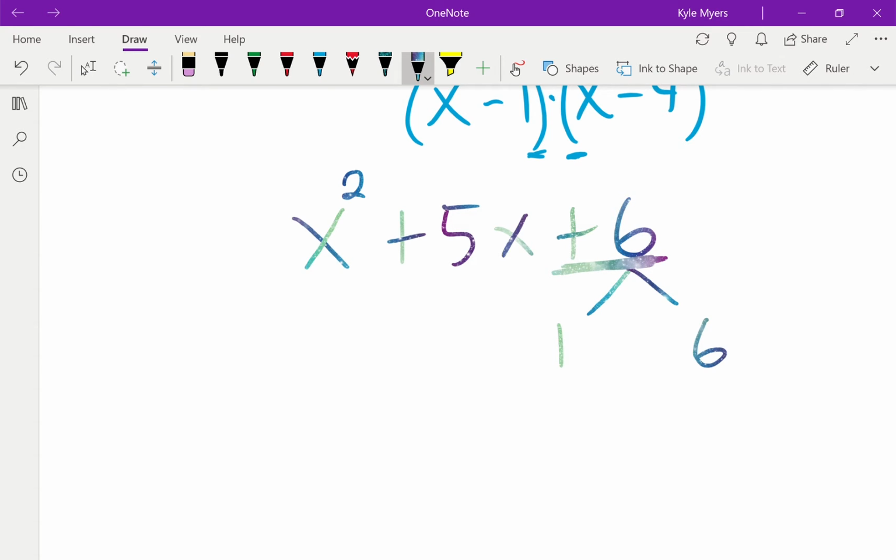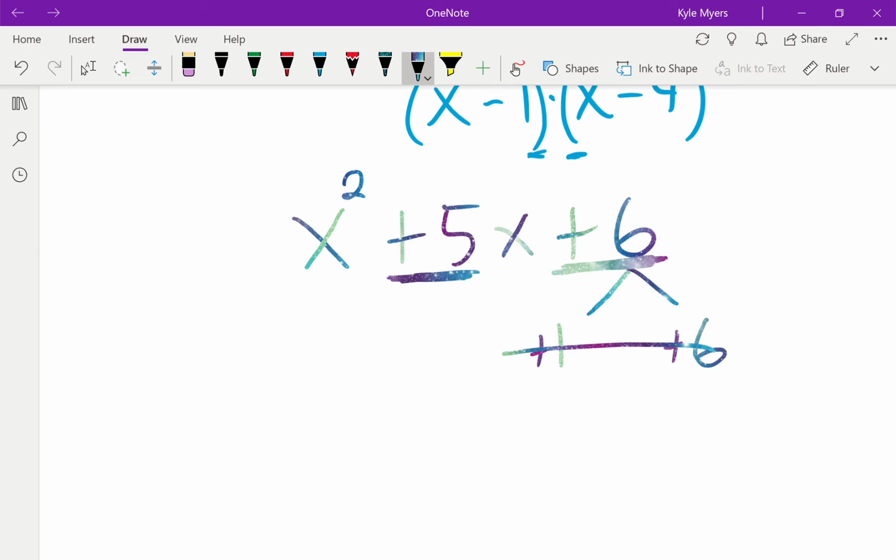I want a positive 6. So either the 1 and the 6 both have to be positive, or they both have to be negative. If they were both negative, then I'd add them and get a bigger negative number. I want a positive 5, so I need my terms to be positive. So this would be the only option here, positive 1, positive 6. And it doesn't work because when I add 1 and 6, I get 7. So that's out.